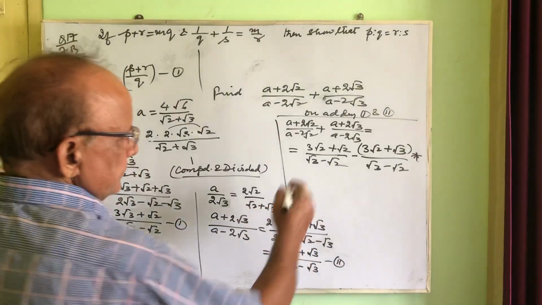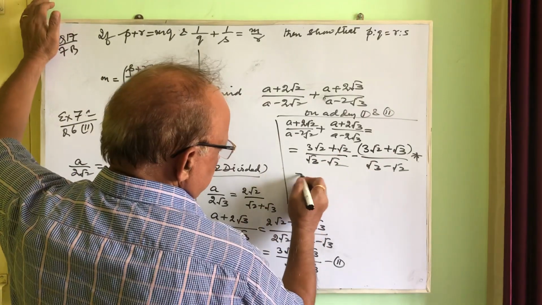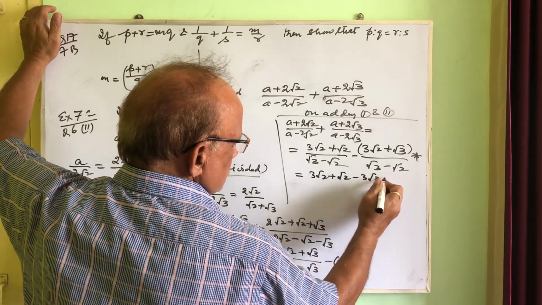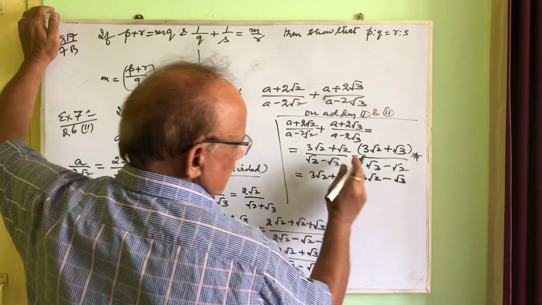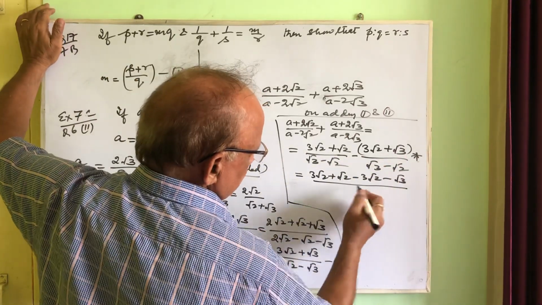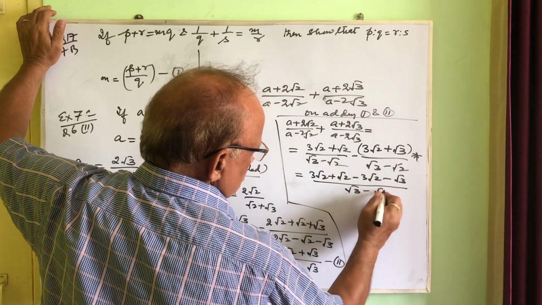Now this will be equal to 3 root 2 plus root 3, minus sign is outside so all the signs will change, by root 3 minus root 2.